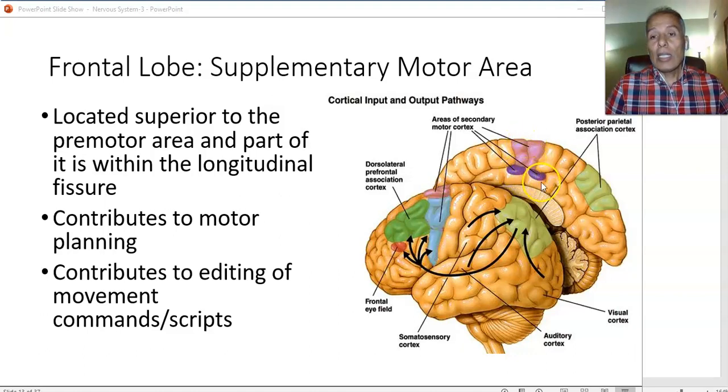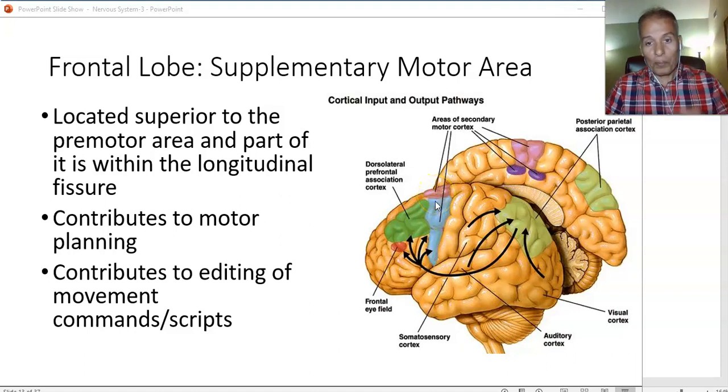And you can see the cingulate gyrus, the areas I mentioned before, parts of the cingulate gyrus that have motor functions that communicate with the supplementary motor area, and they contribute to the planning and generation of the motor script for speech: when to speak and how to speak, how do you do it, and all that sequencing.